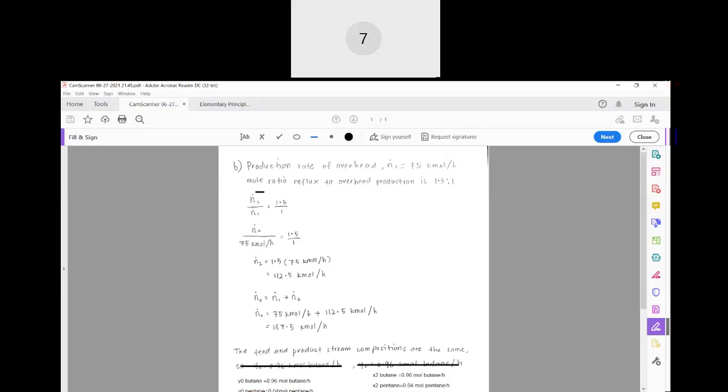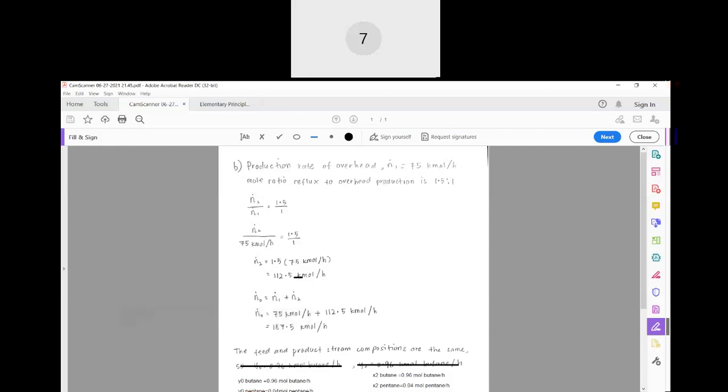So the molar flow rate at reflux over the molar flow rate at the overhead equals 1.5 over 1, which is the ratio. So we get the molar flow rate at the reflux stream is 112.5 kmol per hour. And then we need to find the molar flow rate at the feed stream in order to find the composition at the feed stream and the reflux stream.